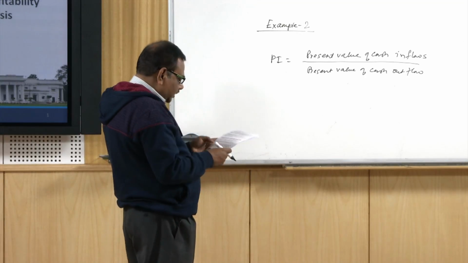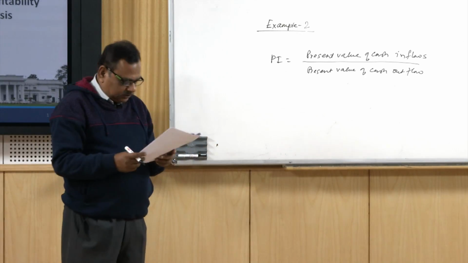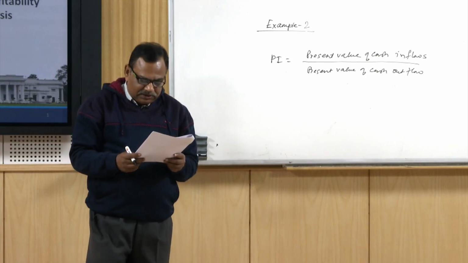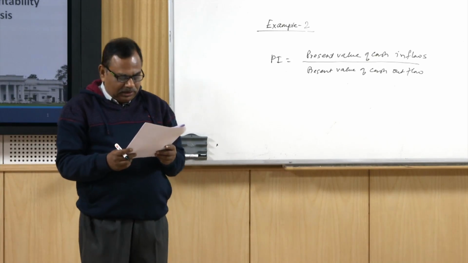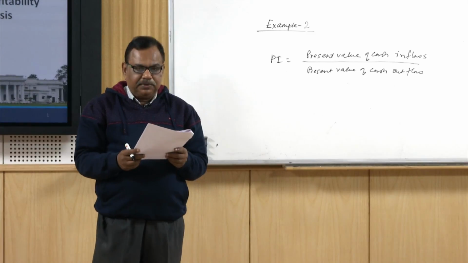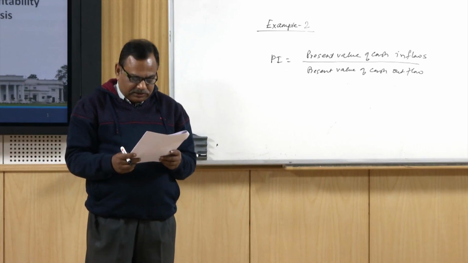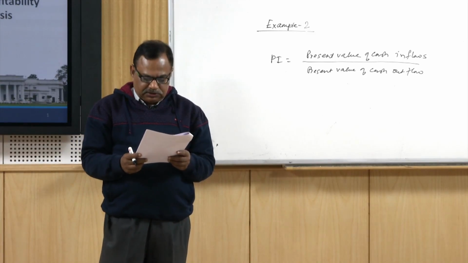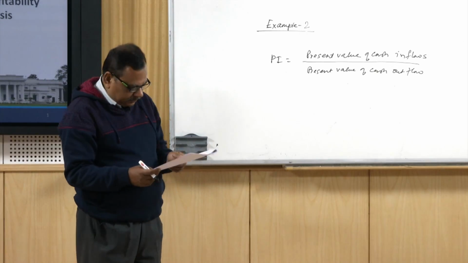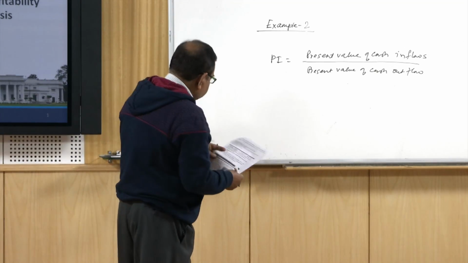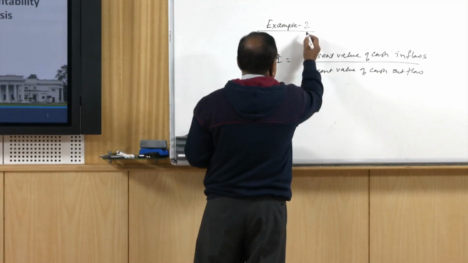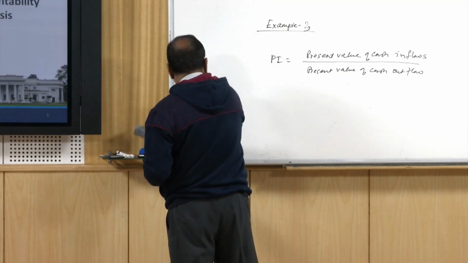Now, the objective 3 is for this PI. It tells, given the initial investment, cost of capital, yearly cash inflows, find out profitability index and take a decision whether to accept or reject the project based on PI. So, here the example number 3 is devoted to this PI method.